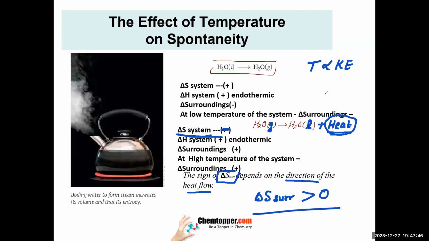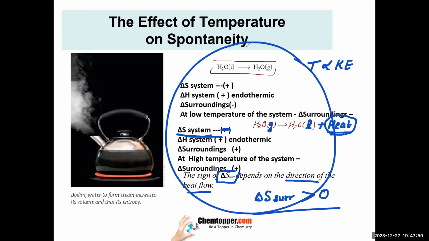You're understanding? Now, what I'm trying to tell you is that if the delta S of the system is positive, surrounding is negative. If the system is negative, surrounding is positive. Correct? And it depends on the flow of the heat, in which direction the heat is flowing.